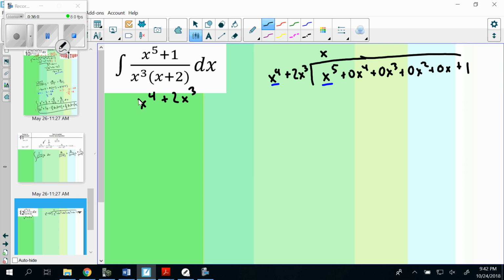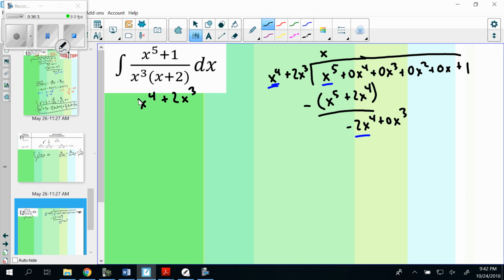If we multiply that back through, you get x to the 5th. If you multiply to the next one, you get plus 2x to the 4th. We got to subtract those. So we get x to the 5th minus x to the 5th, 0. 0 minus 2x to the 4th is going to be negative 2x to the 4th. Drop the next one down. Okay, now divide again. What's this divided by this?